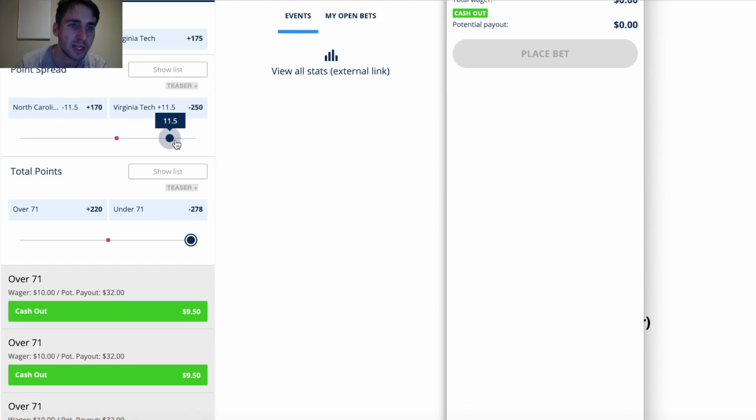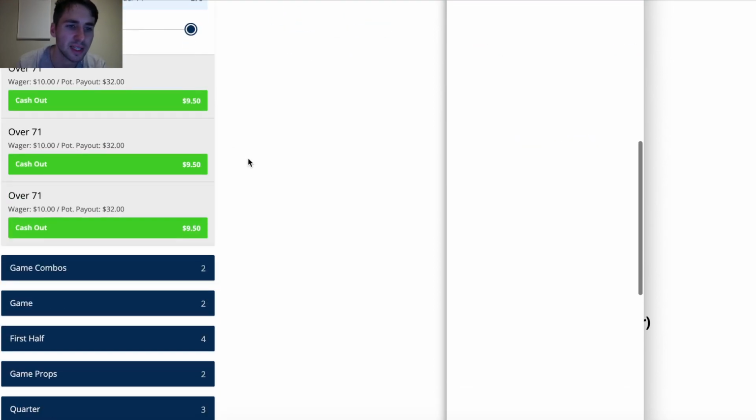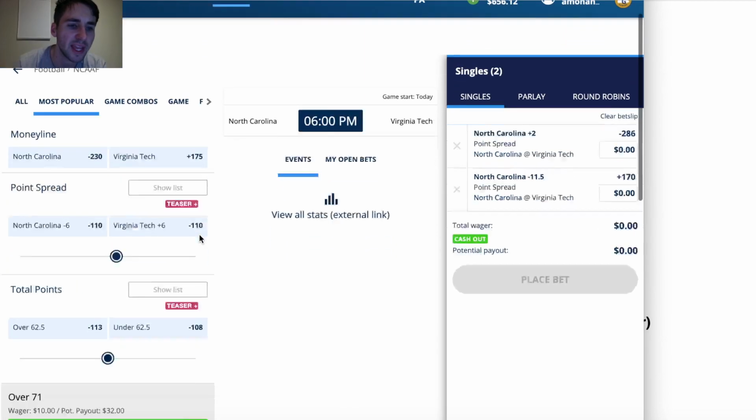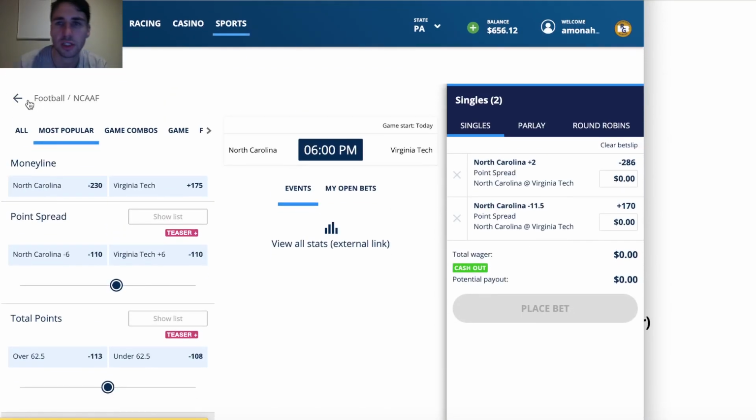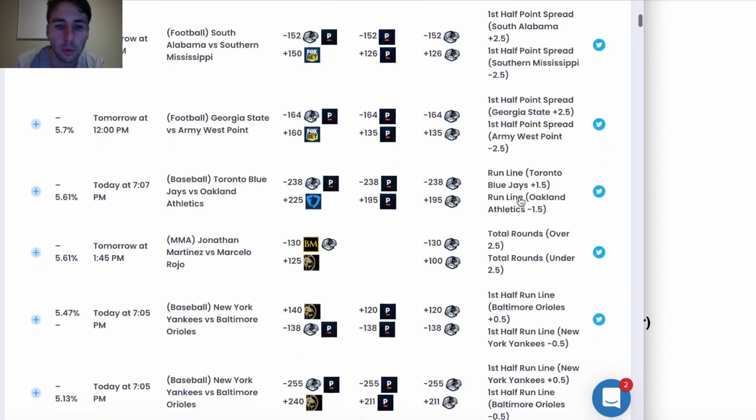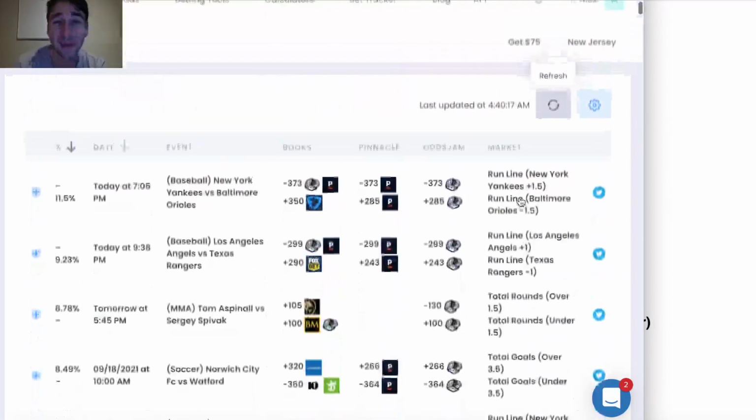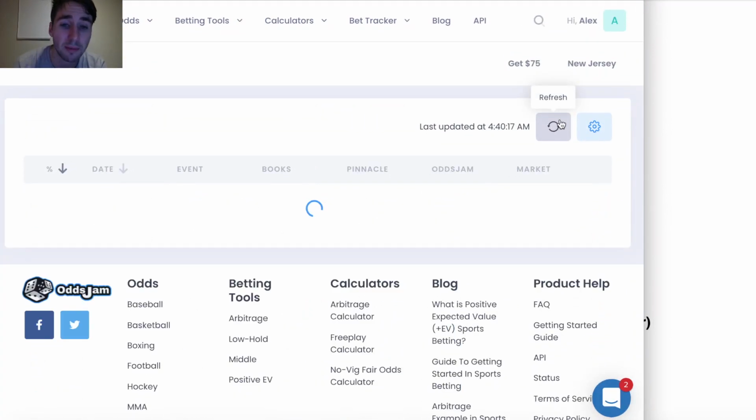North Carolina +2, North Carolina -11.5, tons of things. You're not going to be able to search through these odds manually, right? You really need software to be able to search through all this data in real time because odds are constantly moving and show you the profitable betting opportunities and the interesting betting opportunities to look at. So that's really the point of OddsJam. It's to make your life easier, save you time, and make you money.